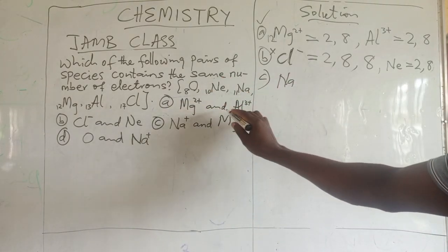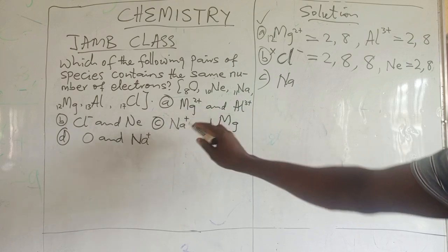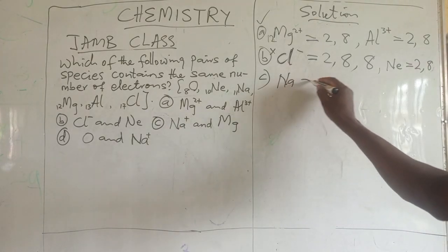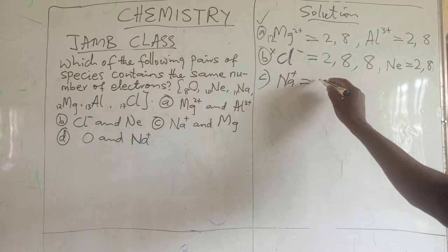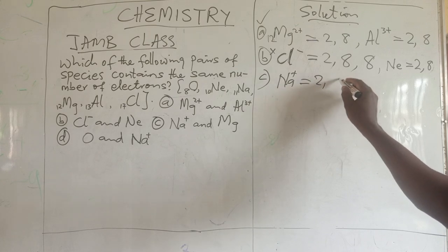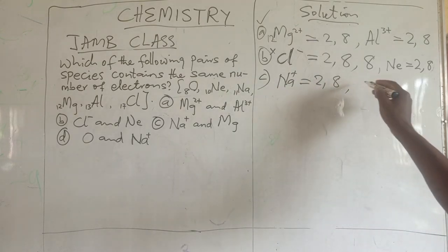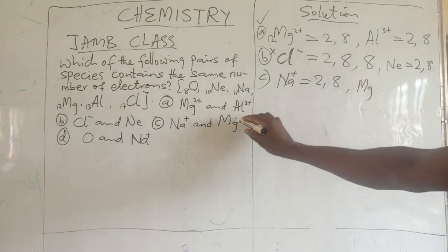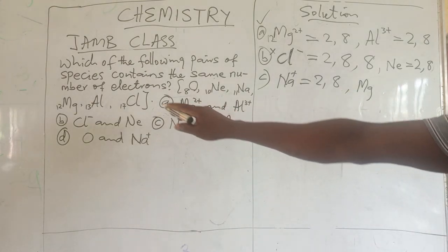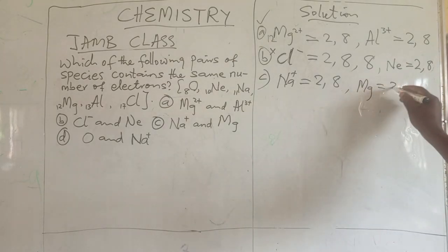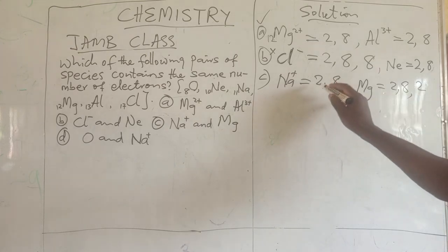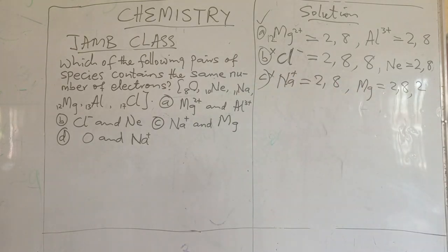But when you check, you can see that plus 1 is on it, meaning 1 electron went out from it, remaining 10. So you write the 10 electrons. And now the next element is magnesium, and nothing is on it, so the 12 electrons are still there. You write 2, 8, and 2. So 2, 8, 2 and 2, 8 are not the same.